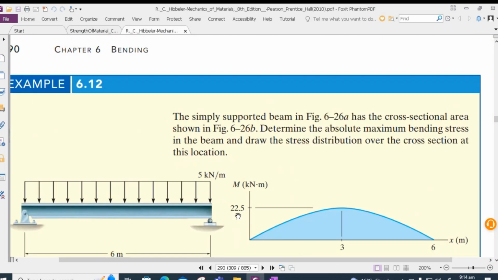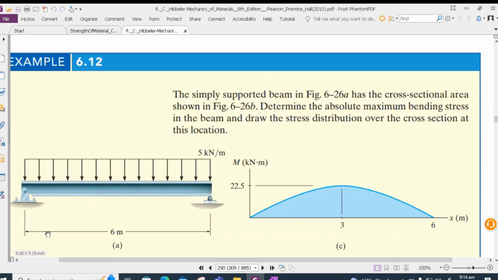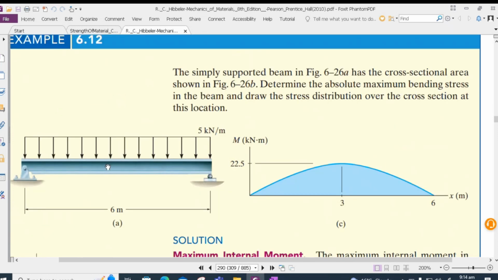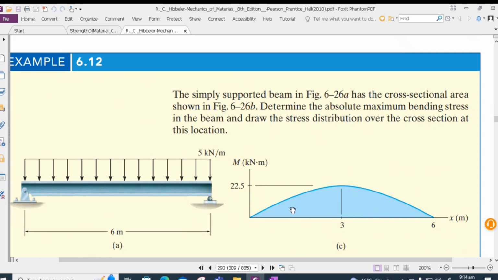Now in this another example, we are given a simply supported beam subjected to some loading, and this beam has got length 6 meter and the cross section is in the shape of I. The simply supported beam would have maximum moment in the middle, and that is WL square by 8.